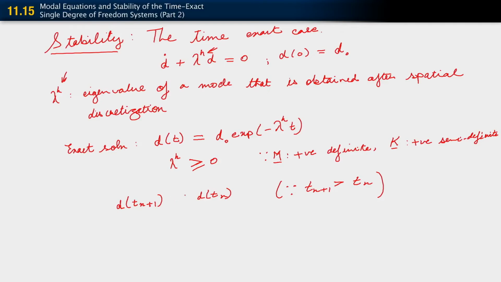Right, because the exponent of a negative argument is less than 1, right? What we see is that this is a decaying function, right? It's monotonically decreasing. Okay? Or another way of looking at it is that d at Tn plus 1 divided by d at Tn is lesser than or equal to 1, provided, of course, d at Tn is not 0.